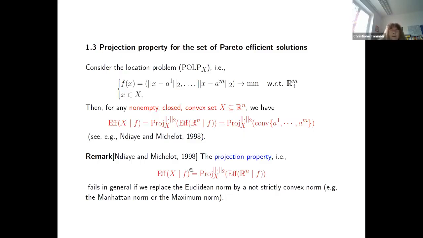However, the authors have shown it for the Euclidean norm. The aim of this talk is to consider more general problems, also location problems with other norms, and also general multi-objective optimization problems, where the feasible set is not necessarily convex.